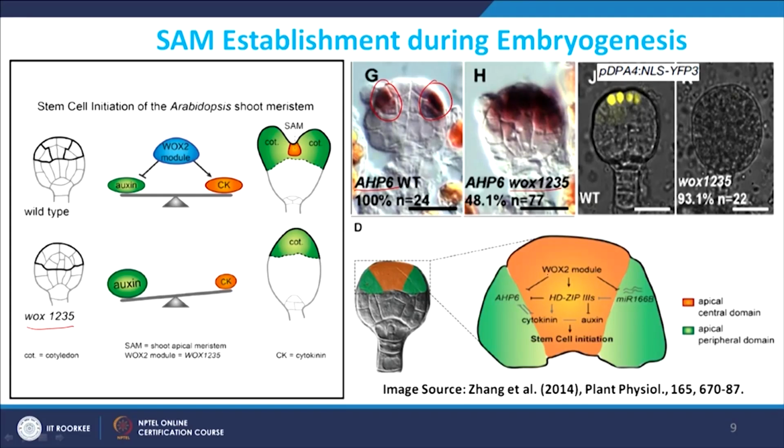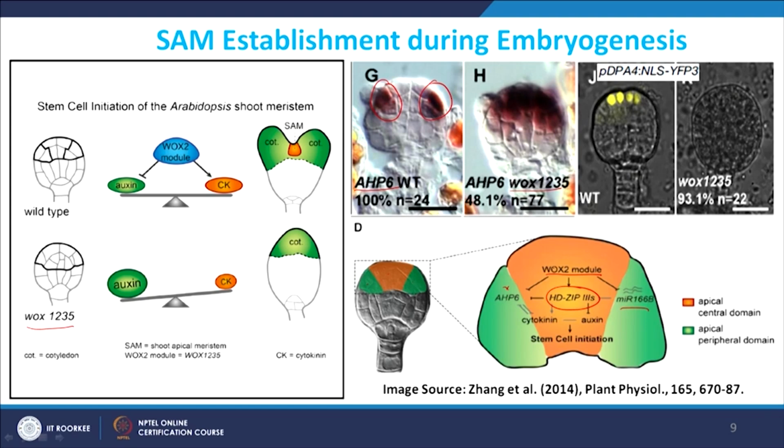So, in the central domain the WOX2 module is getting activated. The WOX2 module is regulating the homeodomain transcription factor, and through microRNA it is also regulating, we will see maybe in the later slides. And in this domain, WOX2 is restricting expression of AHP6 and microRNA in the peripheral domain.